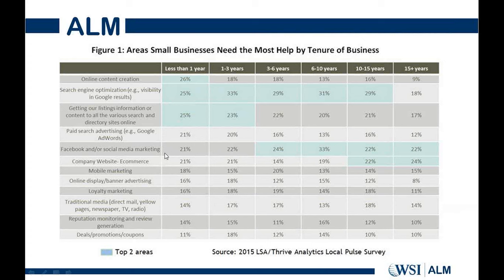And if you notice, the majority of the services they require are in digital, because as you move forward, for example, loyalty marketing, traditional media, reputation monitoring, and deals and promotions, the number is less, right? So that's something that you can see there. The next thing that you can see is that 1 to 6 years, they still need help in SEO.